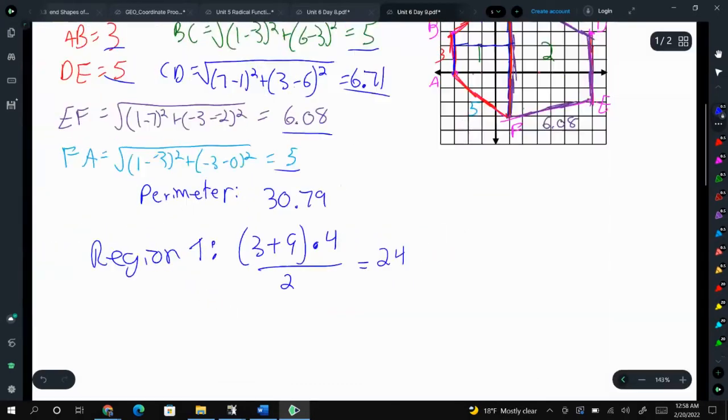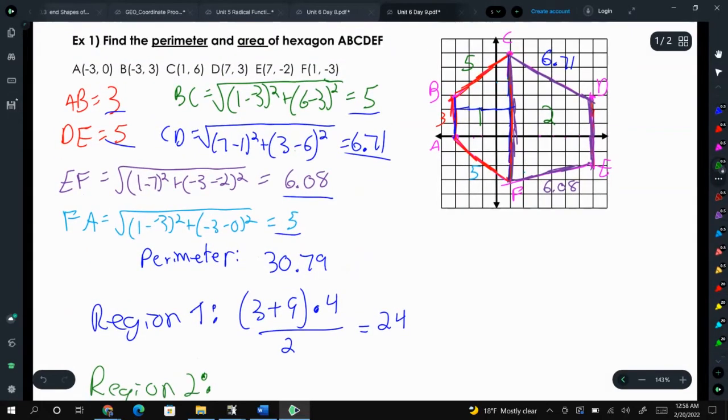Now region number 2. With region number 2, we see that it shares one of the bases with region number 1, this line CF. So we count 1, 2, 3, 4, 5.